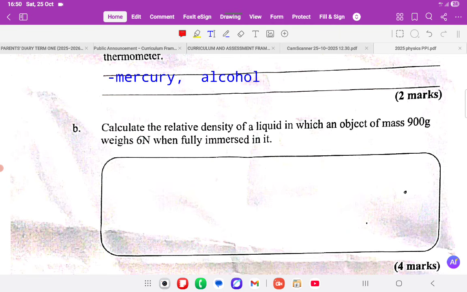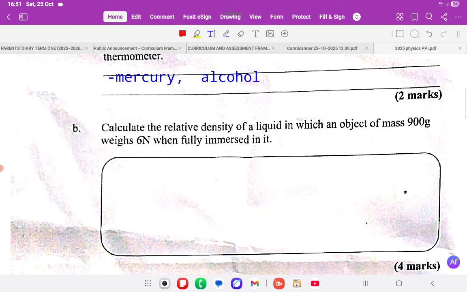Very important question, and the question is assuming that you know the meaning of relative density. We define relative density as the density of a substance compared to the density of water.